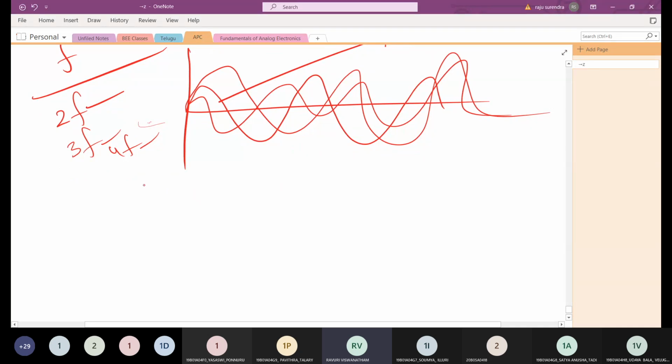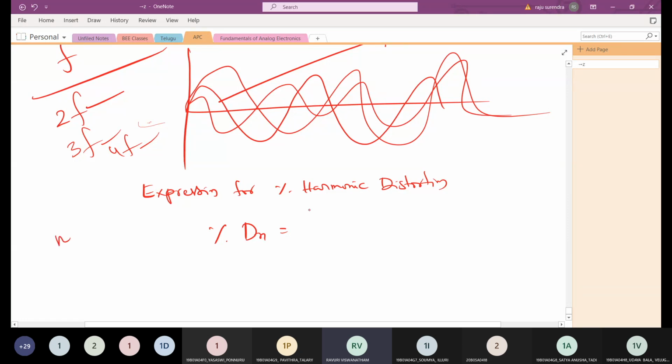Now, the expression for percentage of harmonic distortion. Let us consider n number of harmonics.